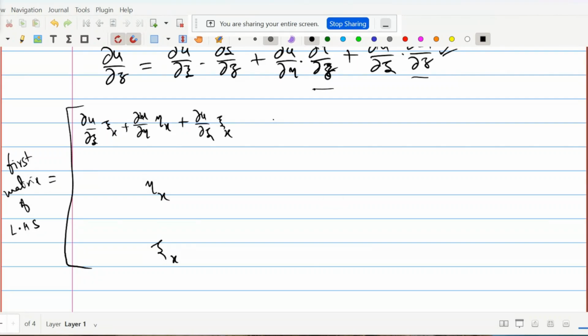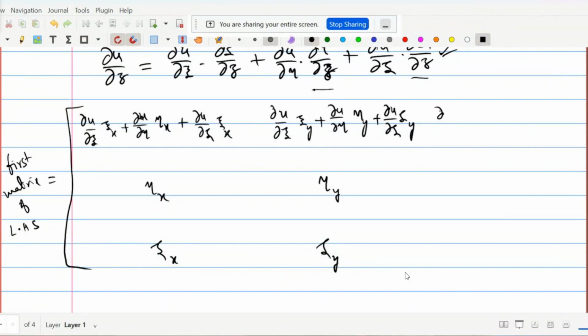Now what is the second column? First element. Again you write ∂u/∂y. That is ∂u/∂ξ into ξy, plus ∂u/∂η into ηy, plus ∂u/∂ζ into ζy. And here ηy and here ζy. What is the third one? ∂u/∂z.